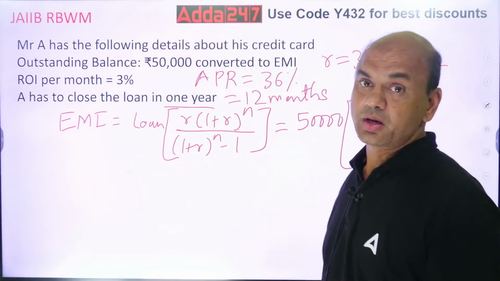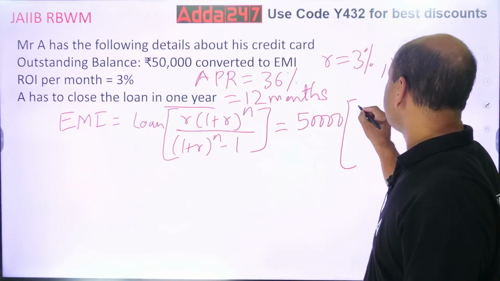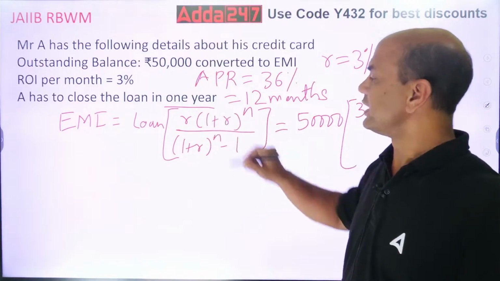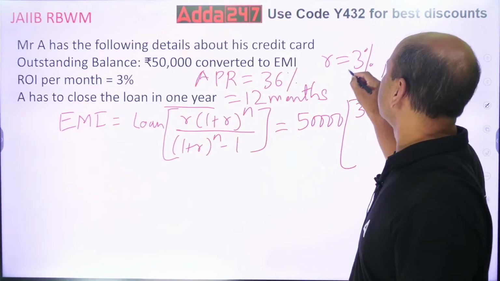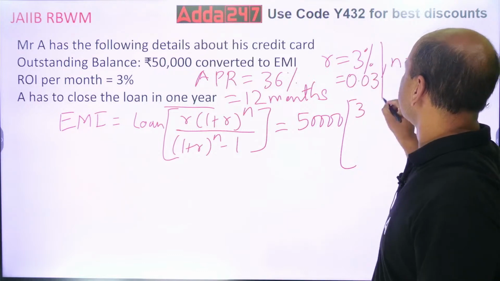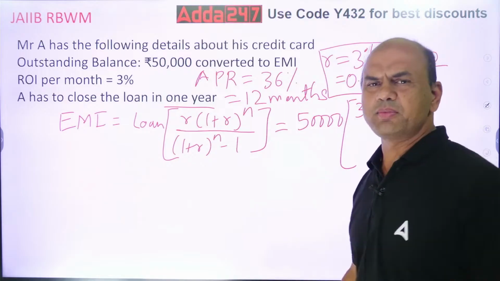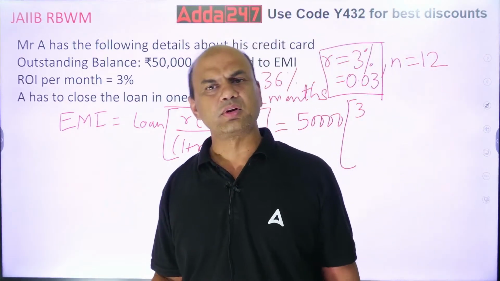Now find this. How will you do this? Keep it simple. So 3%, we'll convert it into 3 divided by 100. This R divided by 100. Never keep it in percent. Convert it by directly dividing by 100.